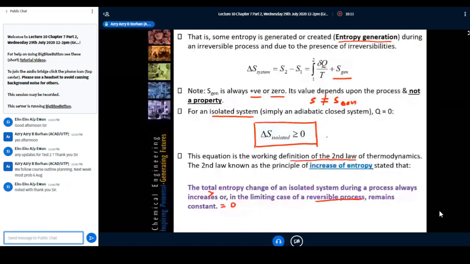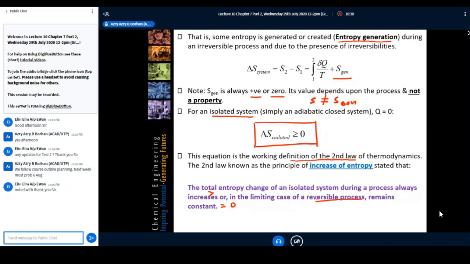This equation actually serves as the working definition of the second law, and it is known as the principle of increase of entropy. It states that the total entropy change of an isolated system always increases, or in the limiting case of a reversible process, it remains zero.